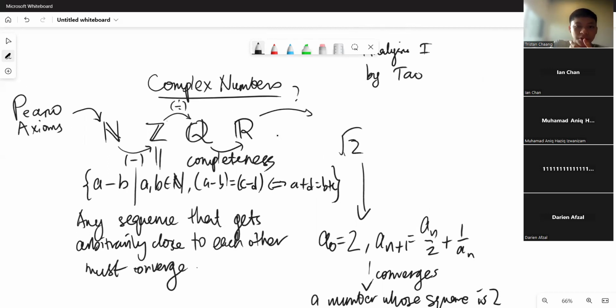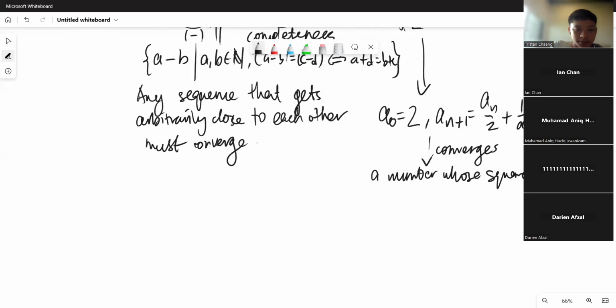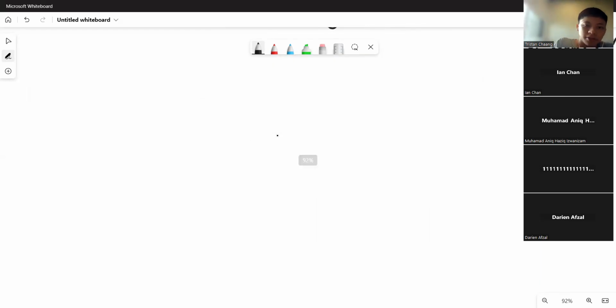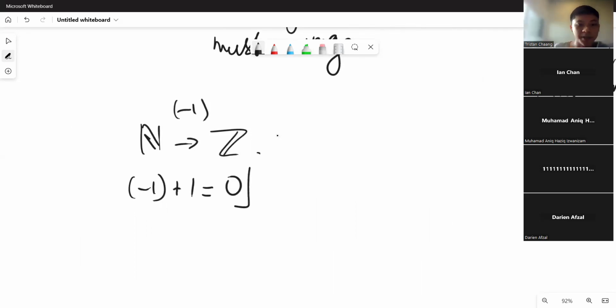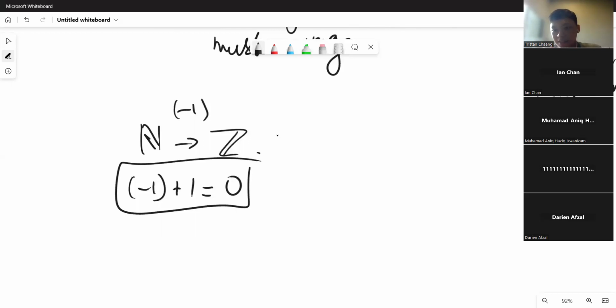So what do we do to extend to C? For example, from N to Z, we define this new number called -1, an element such that after you add 1 it's 0. You should think of -1 as an object where if you plus 1, you get 0.